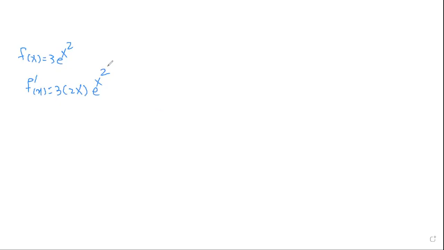Make sense? So we get 6x e to the power x squared. Then f prime of negative 1: 6 times negative 1 times e, so negative 6e. That's it. Anyway, we can continue.